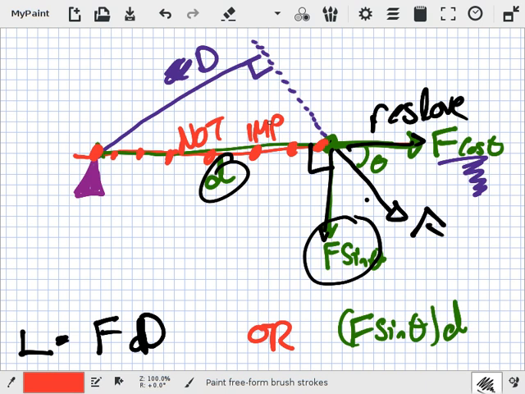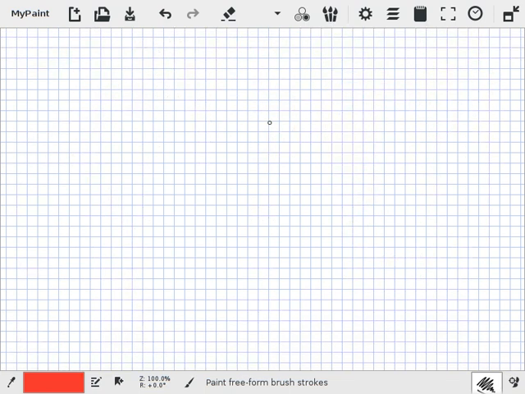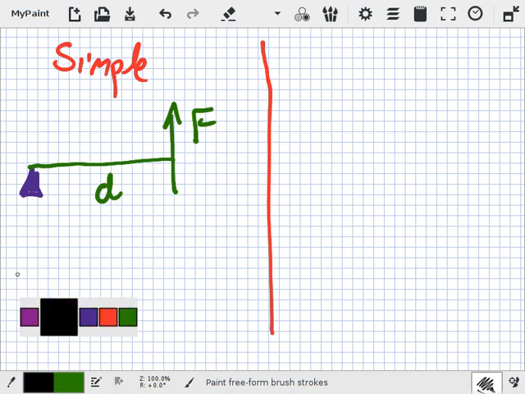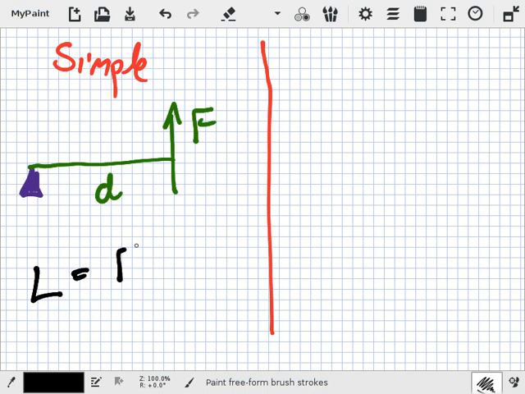Okay, so it's a bit complicated. Let me redraw it actually. So you have two pictures. The simple picture, which is like this. So the moment is FD.